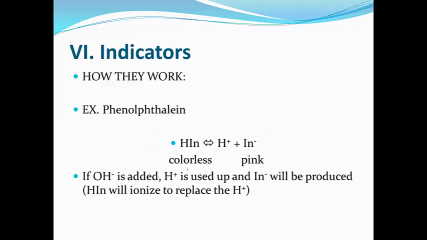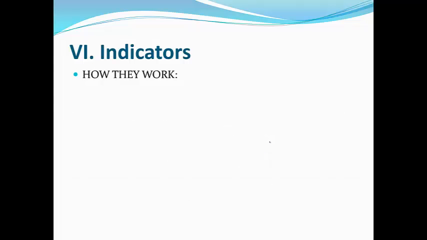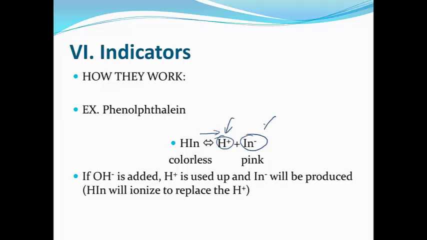Now, if you add OH minus, it reacts with the H plus and it gets used up. Basically the equilibrium shifts this way. You're using up the H plus, so the system says, hey, I've got to make more H plus, and at the same time I need to make this anion. As you use up more and more of the H plus, more of this turns into H plus and IN minus, and you see more and more of the pink color.